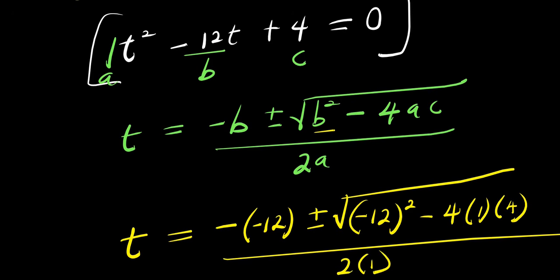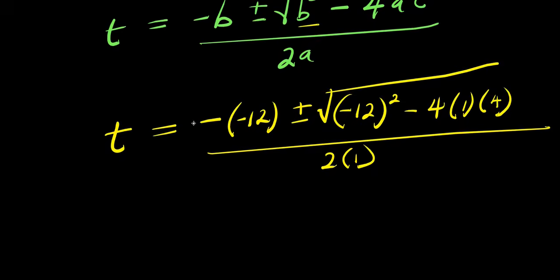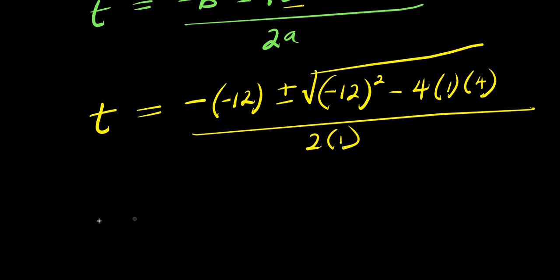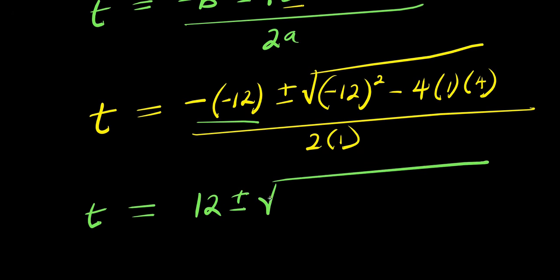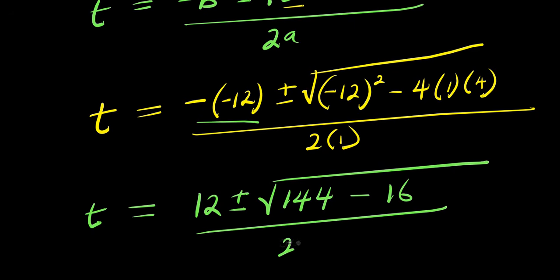So the next thing I'm going to do will be to have t equal 12 plus or minus square root of 144 minus 16, divided by 2.